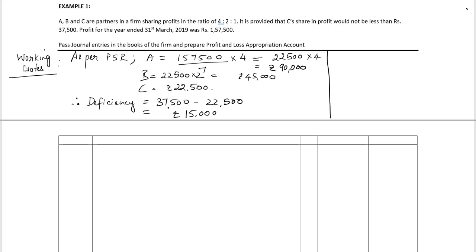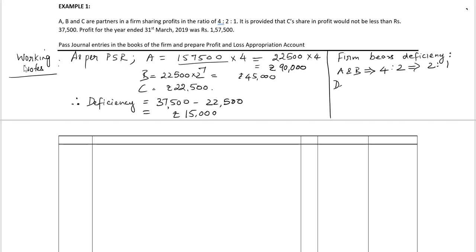Now there is nothing mentioned in the problem as to who has to bear the deficiency. So we assume that the firm bears the deficiency. And that means that A and B will bear the deficiency in the old profit sharing ratio between them, which in this case is 4:2, which can be further brought down to 2:1.